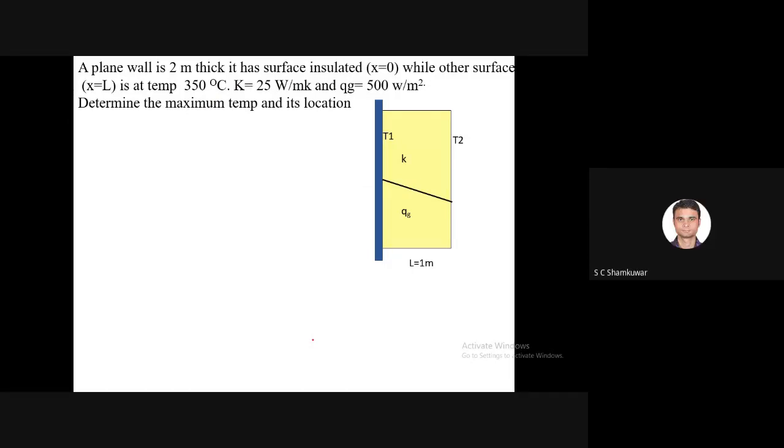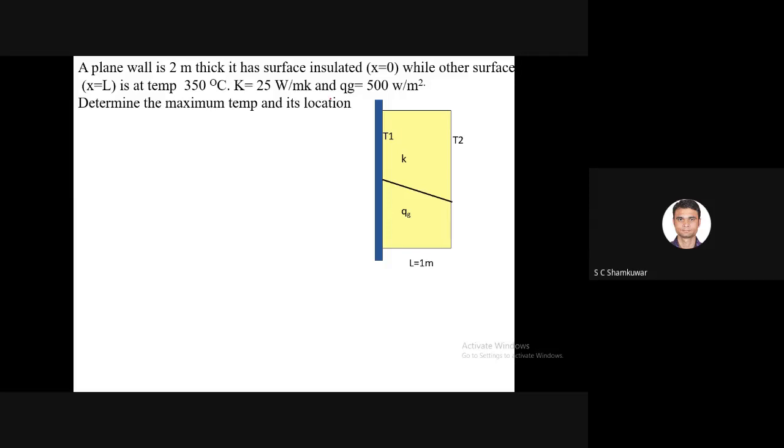So we will take one problem and you will understand clearly now what heat generation is. This is a problem of heat generation. A plane wall, 2 meters thick, has one surface insulated at x equal to 0, while the other surface at x equal to L is at a temperature of 350 degrees Celsius.